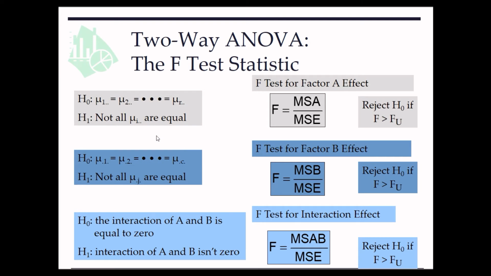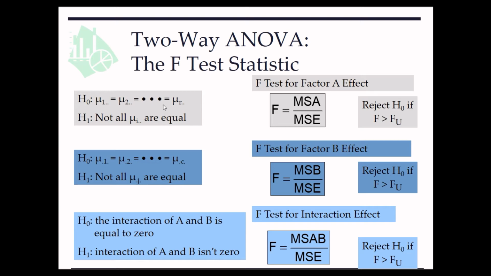Then here, in the null hypothesis, we have mu1 equals mu2 equals mu R regarding factor A. In H1, we have not all the mu i's are equal.